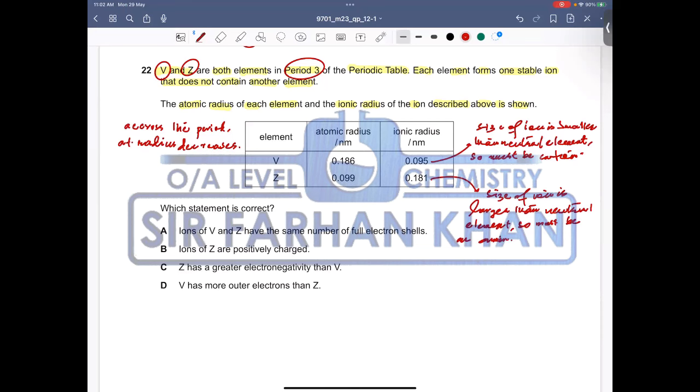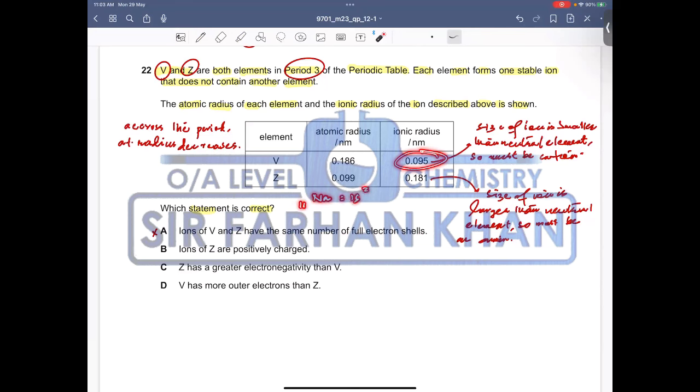Which statement is correct? Ions of V and Z have the same number of full electron shells. That's absolutely incorrect, because whenever a cation is formed, the number of shells decreases. For instance, we have sodium. It has an atomic number of 11, so it has 11 electrons.